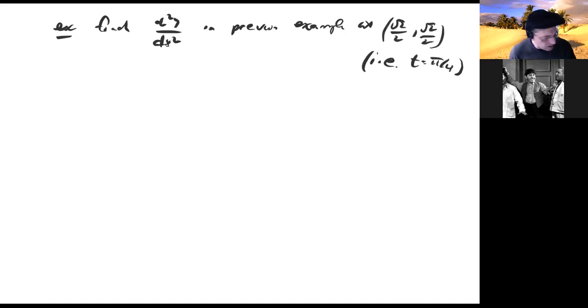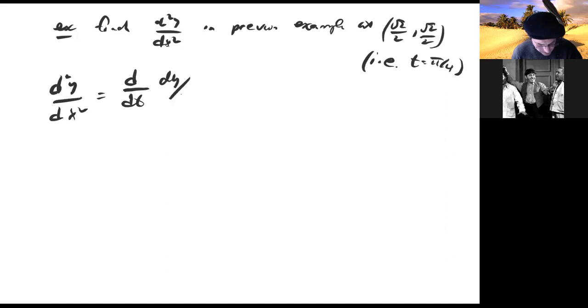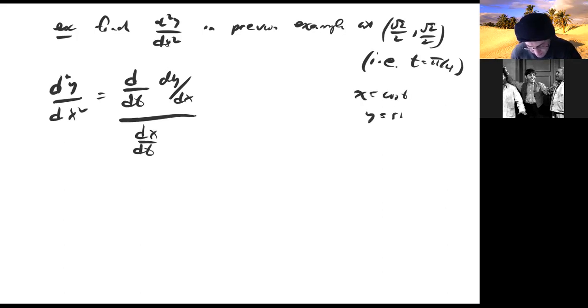Okay, we saw that the second derivative formula was d squared y dx squared is the derivative with respect to time of dy over dx, over dx dt. Now remember, x was cosine of t and y was sine of t.